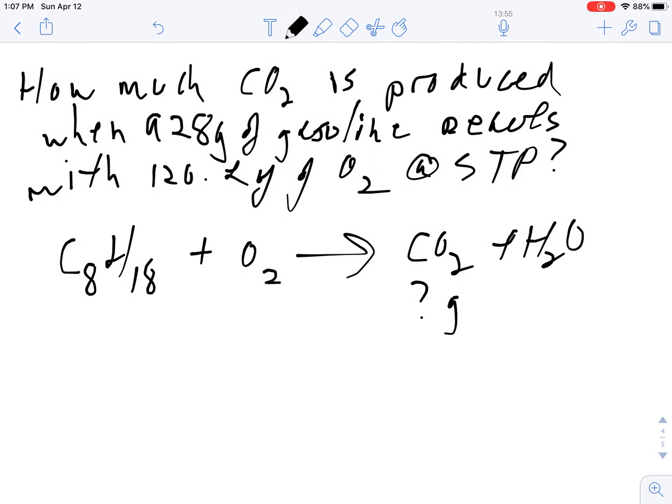Okay? So, actually, let's find the liters of carbon dioxide instead of grams. Okay? How many liters of carbon dioxide are produced? So I'm given grams here, and I'm given liters here.